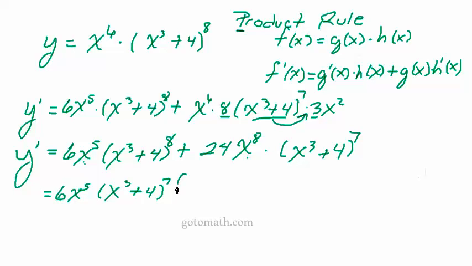Alright, and then put a bracket there. So we pulled a 6 out, so we're not going to rewrite that. We pulled out 5 x's out of there, and we pulled out 7 of these guys, which leaves us with one of them. Alright, plus, now we're working on this side here.